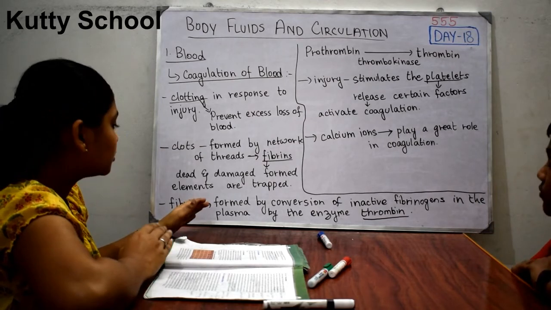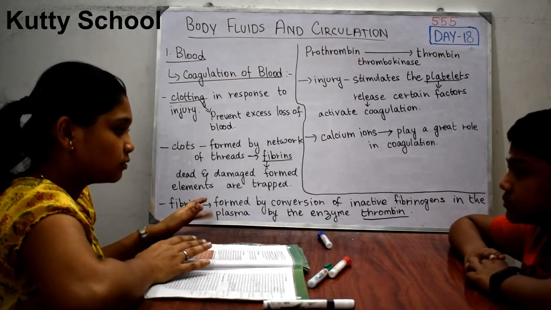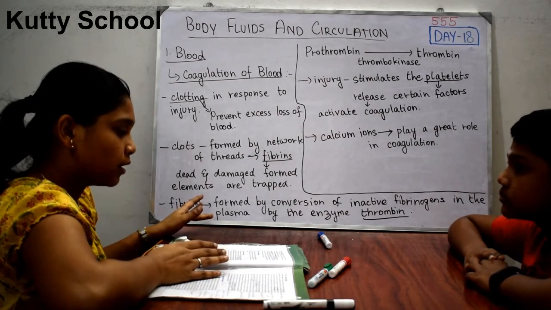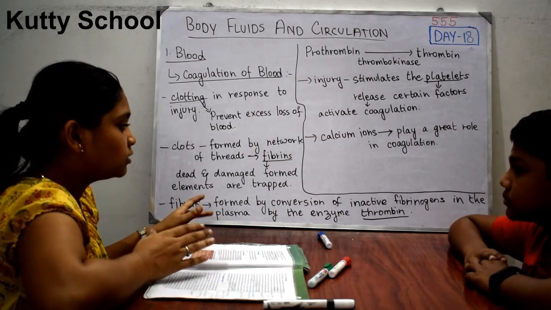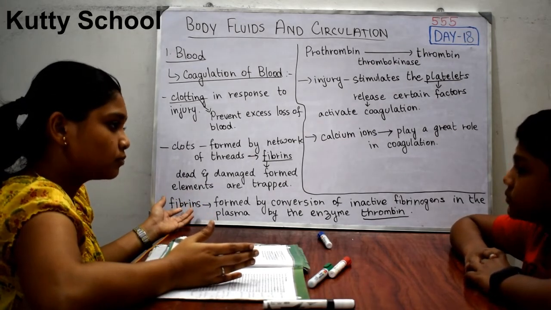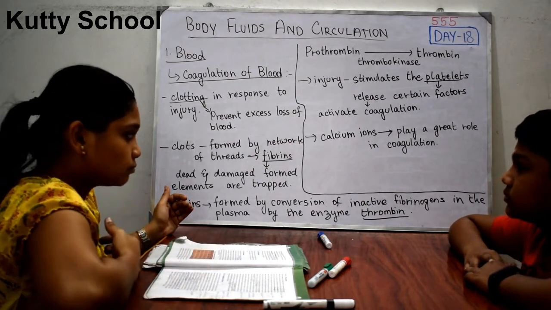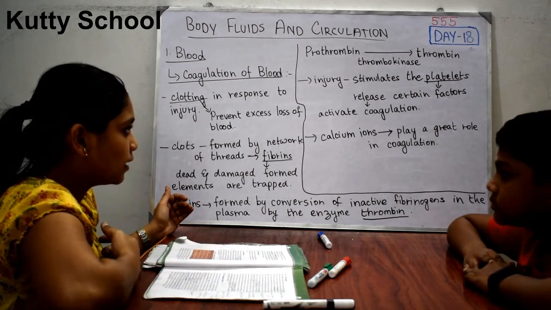Okay. So first, these fibrins are present in an inactive state, which is called fibrinogen. So these fibrinogens, with the presence of the enzyme thrombin, convert into active fibrins. Okay.